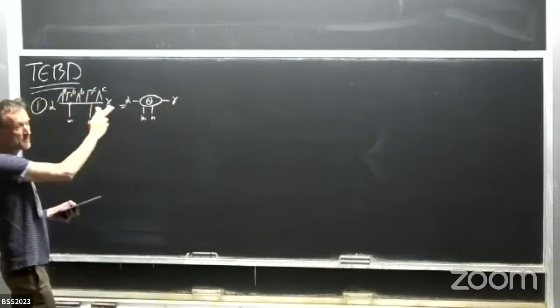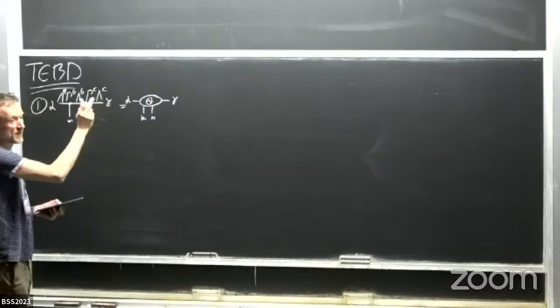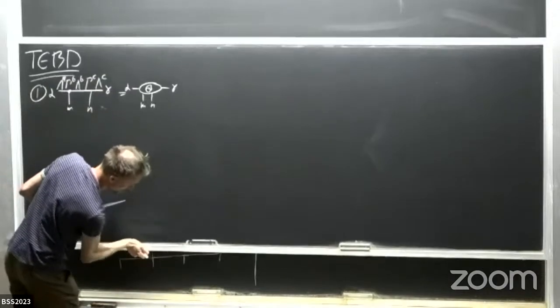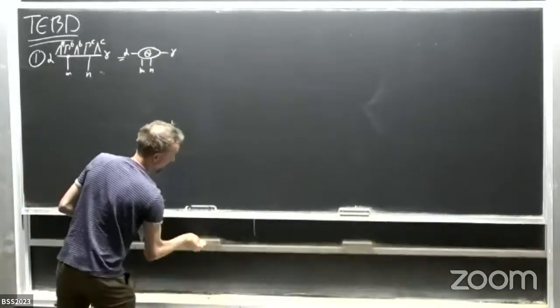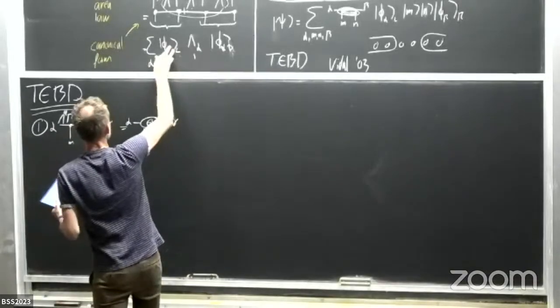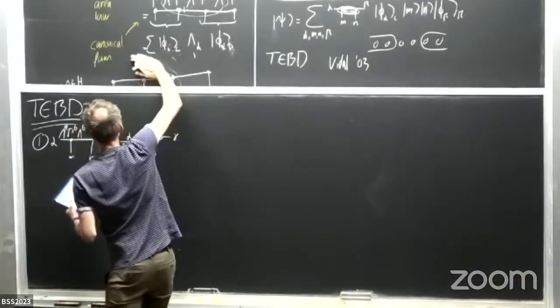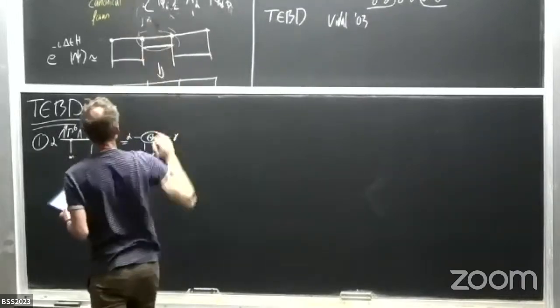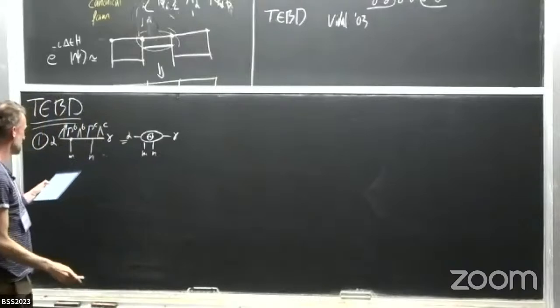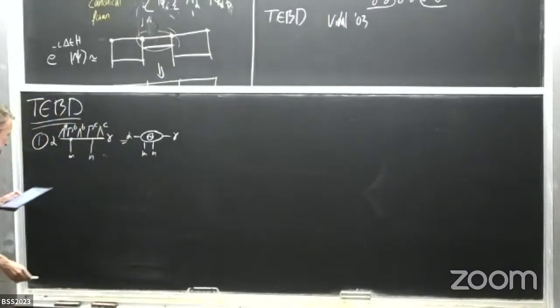These are the amplitudes of the many-body wave function in this mixed basis, as I just mentioned on this board. It's exactly this kind of mixed representation of the state that we get.